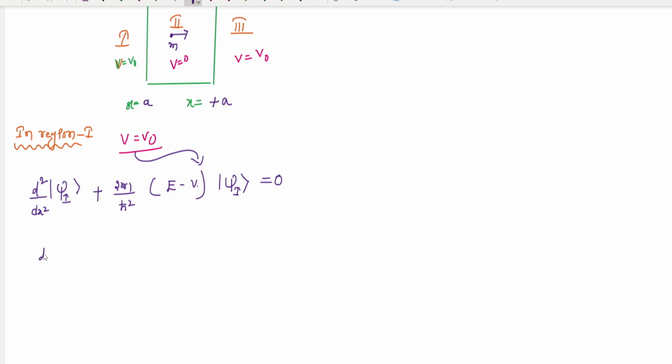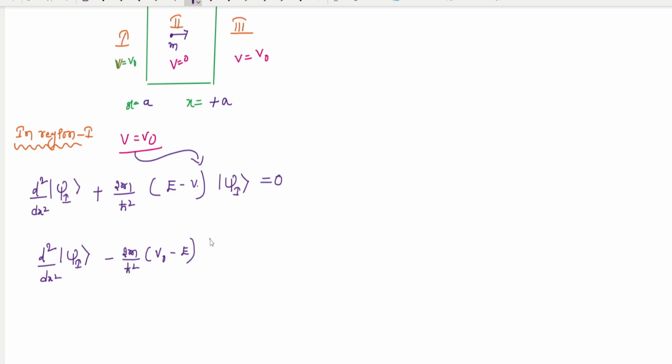Then we can get here d square divided by dx square of the wave function psi in region 1, plus 2m divided by h cross square. Here itself I am going to use this: this is V naught, this is E. Here I am going to put minus.